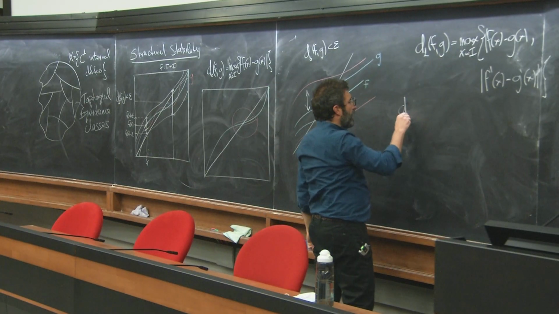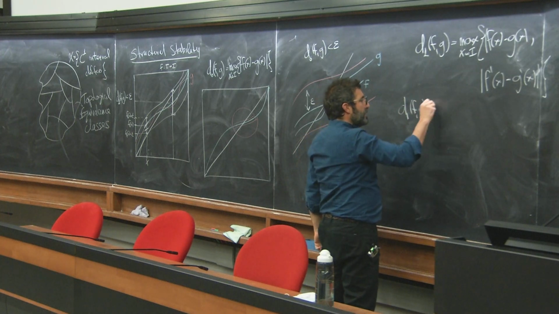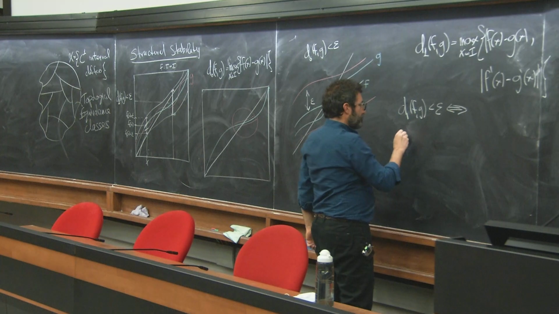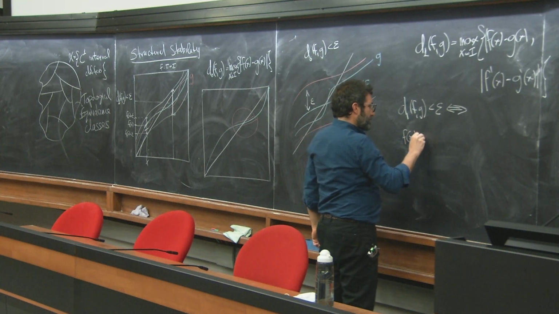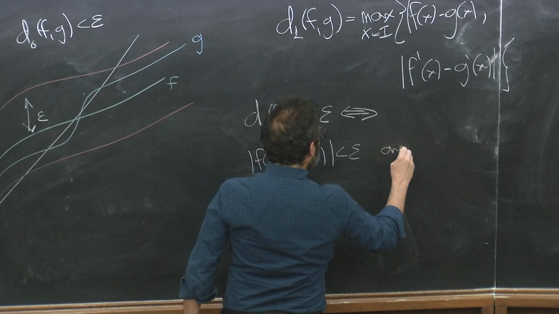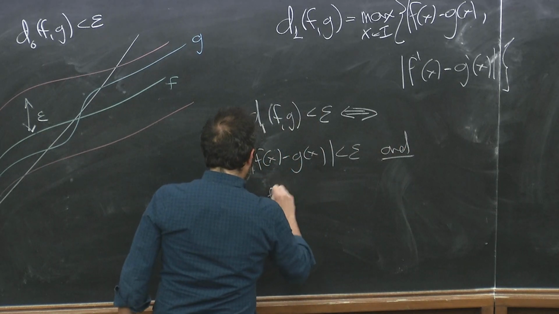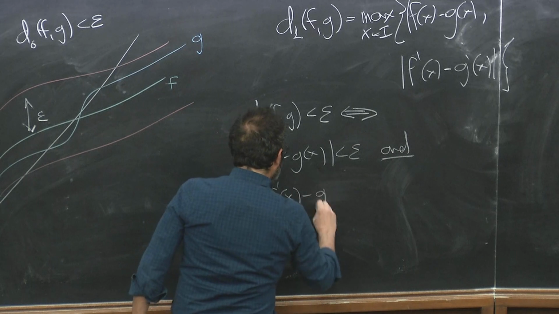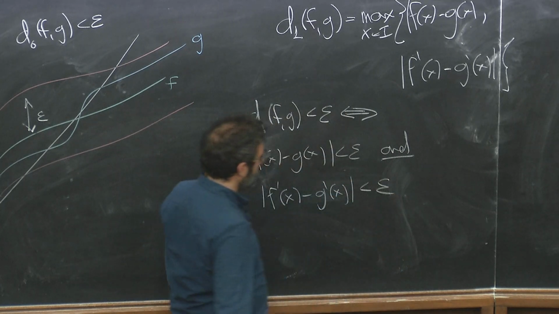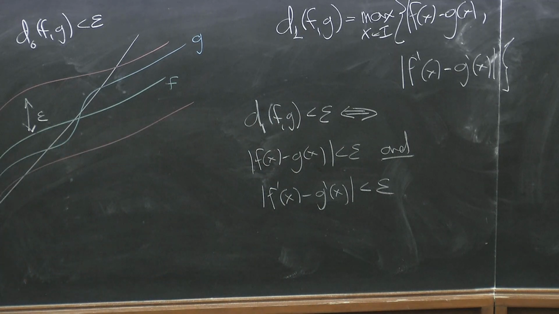So if D1 of F, G is less than epsilon, this means that |f(x) - g(x)| is less than epsilon, and |f'(x) - g'(x)| is less than epsilon. So this is a more restrictive topology, right?